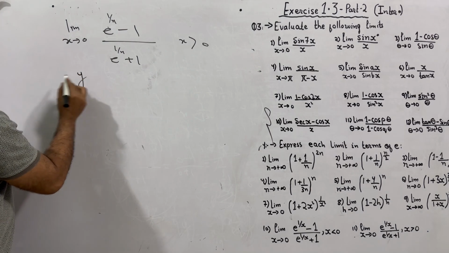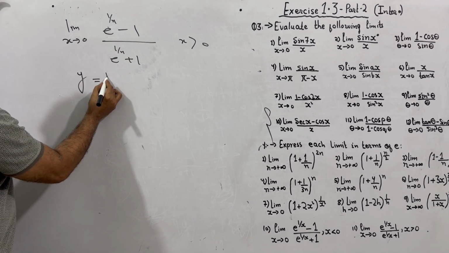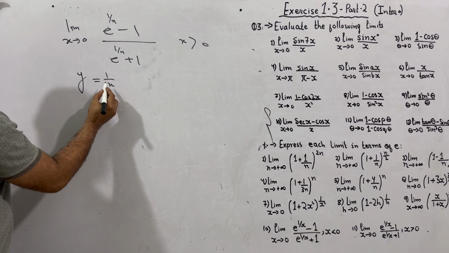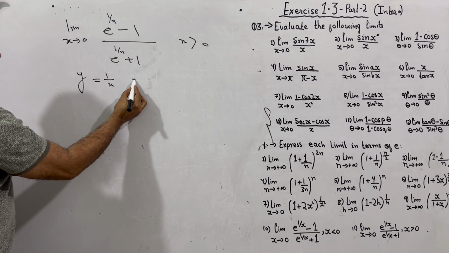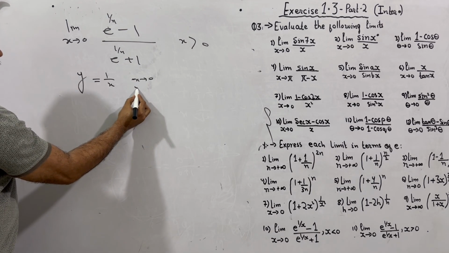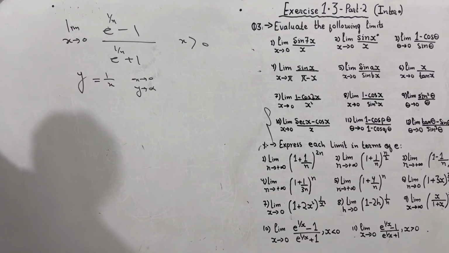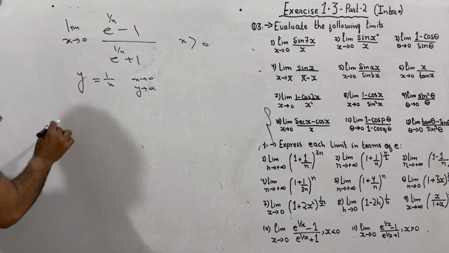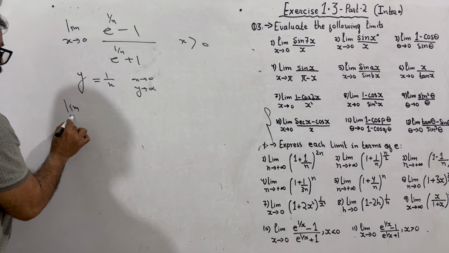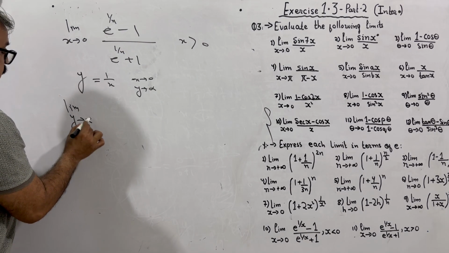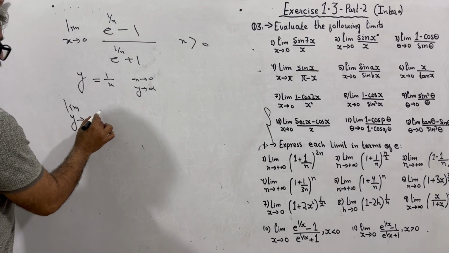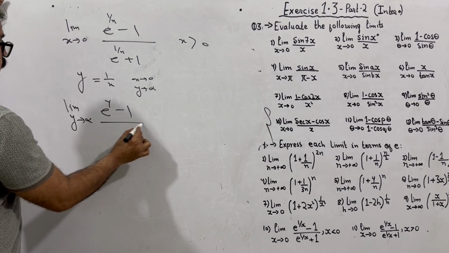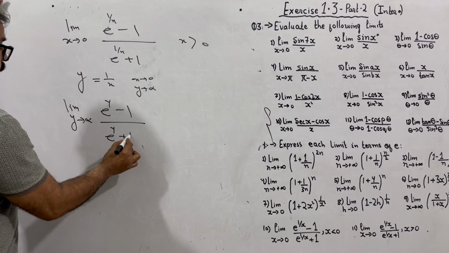Suppose y is equal to 1 over x. As x goes to 0, y goes to infinity. So our limit is y tends to infinity, e raised y minus 1 overall e raised y plus 1.